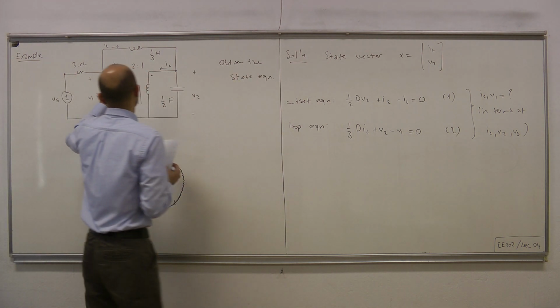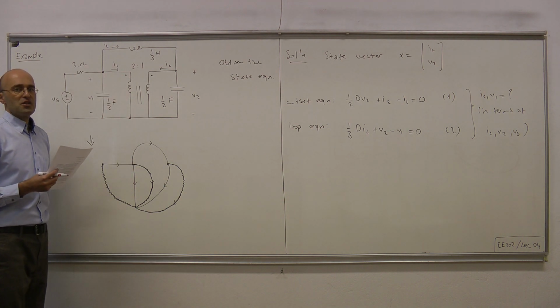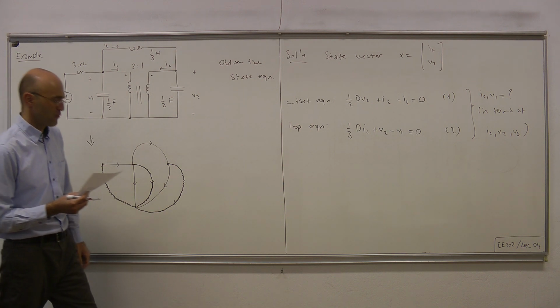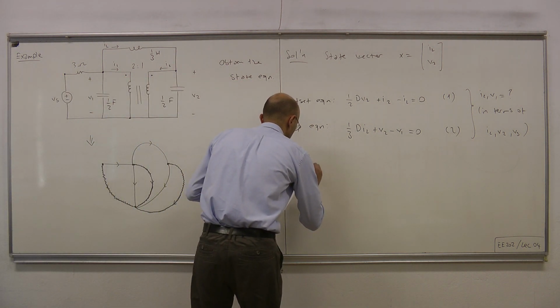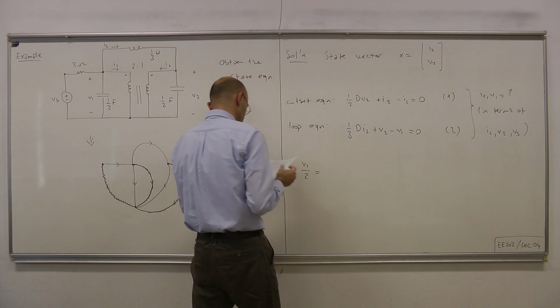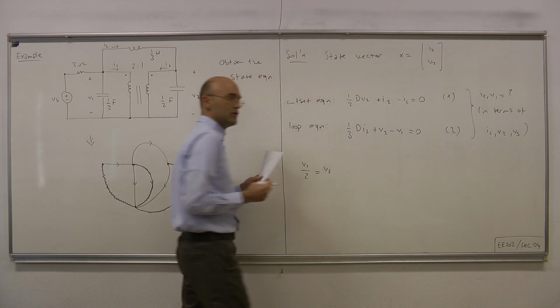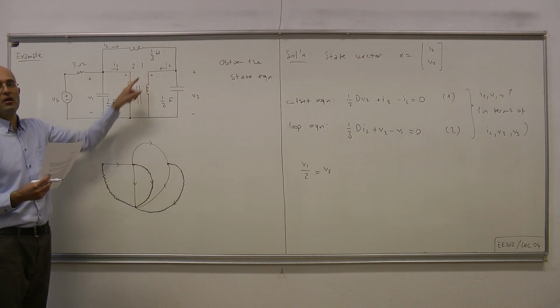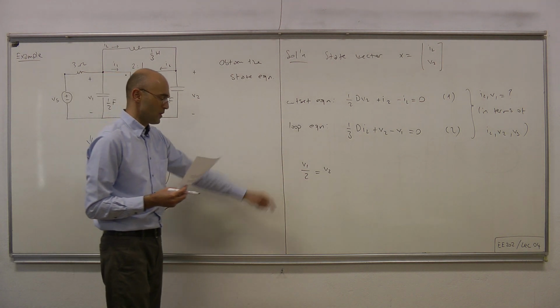So the terminal equation that links the voltages for the ideal transformer is V1 over the first turns ratio equals V2 over the second turns ratio. We're talking about V1 over 2 must equal V2 over 1. Okay, so that's our equation.